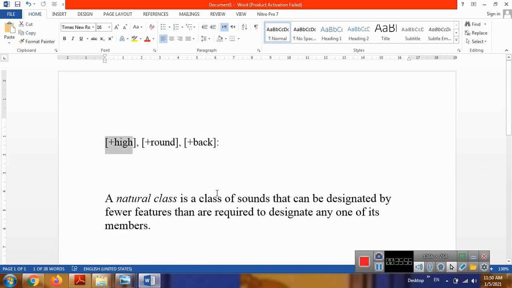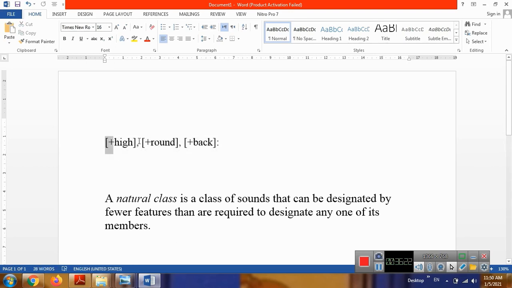According to 1 feature, we have a natural class. Therefore, for Turkish, a natural class is a class of sounds that is designated by 2 features, because to designate one of its members, we should have 3 features. But when we define the sound according to 2 features or 1 feature, fewer than 3 features, we say that here we have a natural class.